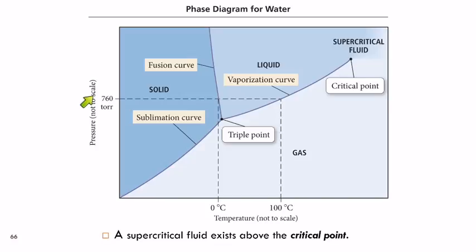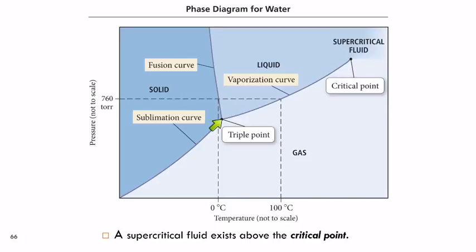If we look at 760 torr, which is normal atmospheric pressure, and we come across as temperature increases, we see a line, the fusion curve, between the solid and the liquid at 0 degrees Celsius. At 0 degrees Celsius, the melting point of water, you have equilibrium between solid and liquid. If you continue going higher in temperature, you get to the vaporization curve, where you have the equilibrium between liquid and gas. That's the boiling point.